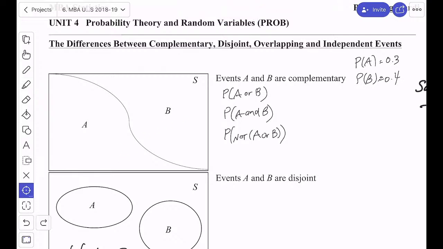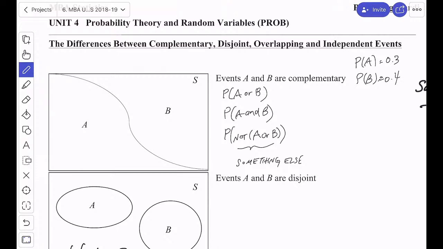What's the chance of A and B happening at the same time? And what's the chance of something else happening?